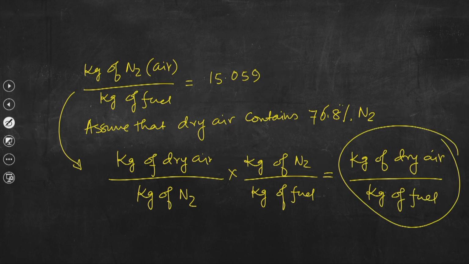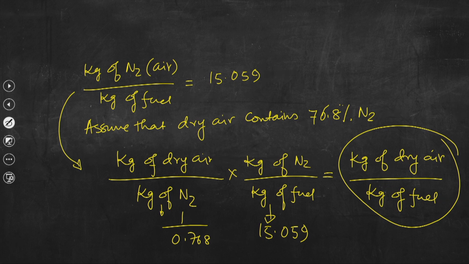This quantity will certainly give us a clue how many kg of dry air are needed to burn 1 kg of fuel. From there we can calculate the actual mass of air needed to burn that fuel, and hence we will be able to calculate volumetric efficiency. So, kg of nitrogen by kg of fuel is 15.059 and this quantity is 1 upon 0.768, right. Dry air contains 76.8% nitrogen.